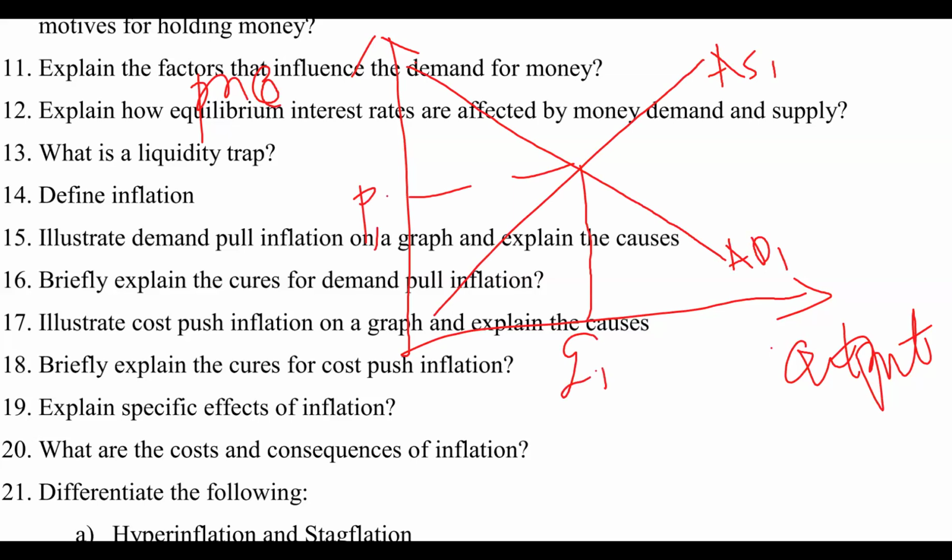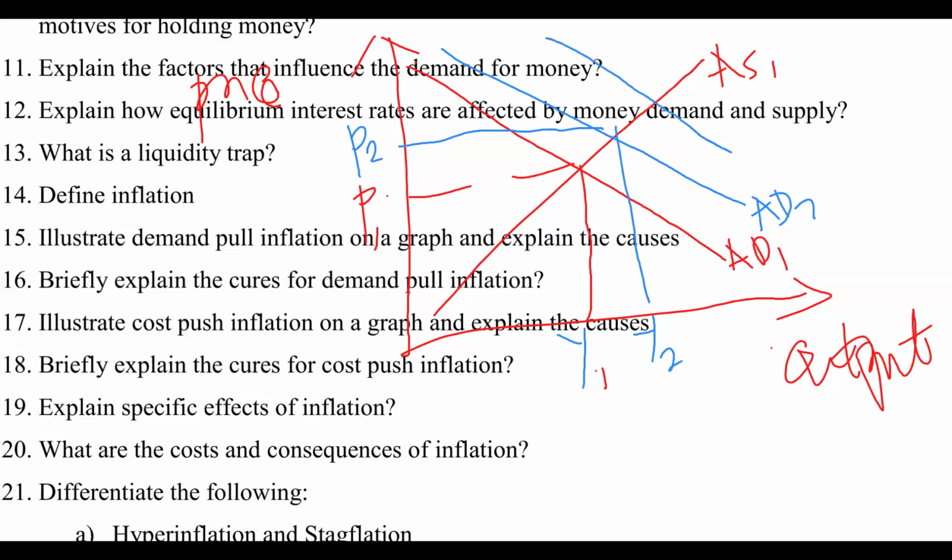Now listen, as demand is increasing, let's say demand increases to the right, to AD2, aggregate demand 2, what will happen? The price will increase to P2. Also the output, this is not quantity, this is output, will increase to Y2. You've seen that, right? Then again, if aggregate demand increases further to AD3, also the price will increase to P3 upward, and the output shall increase to Y3.